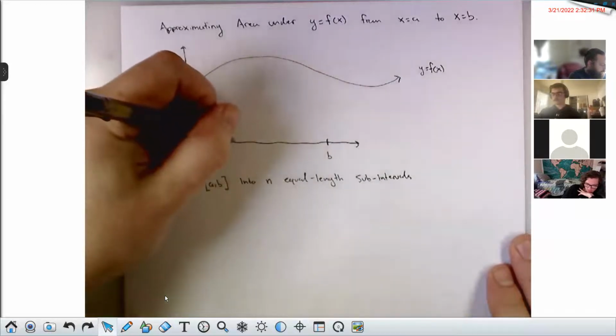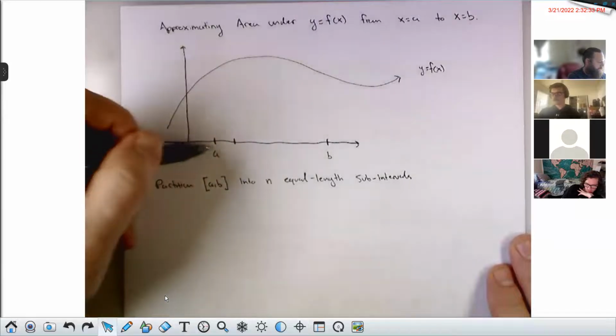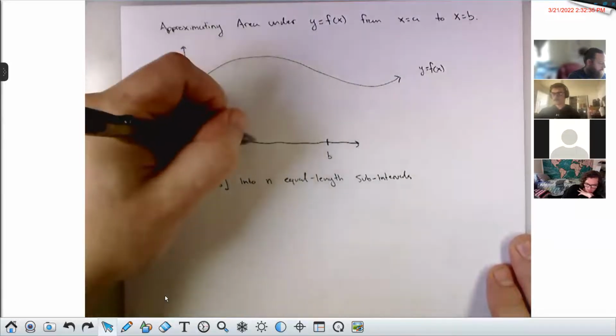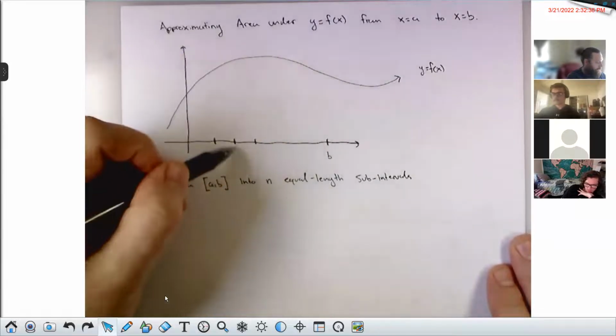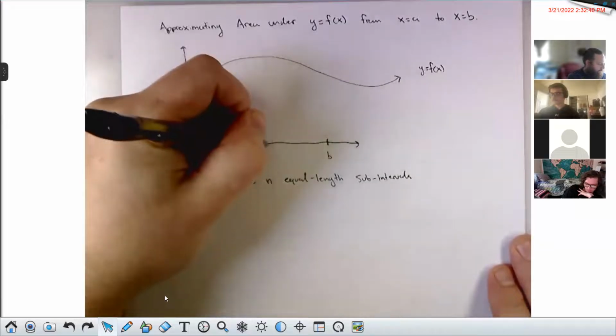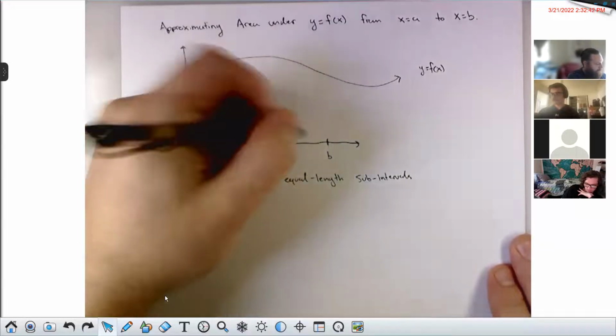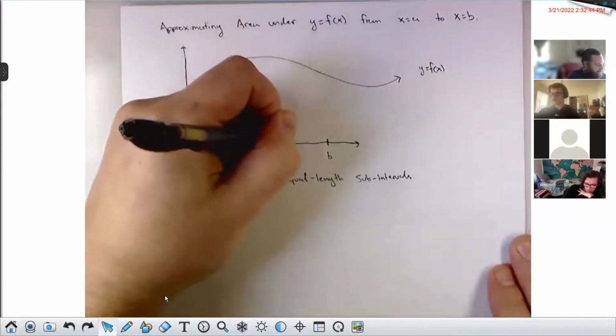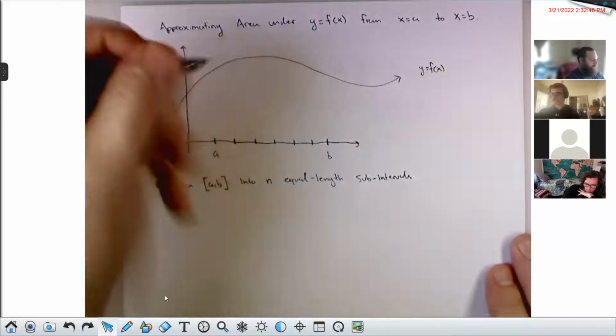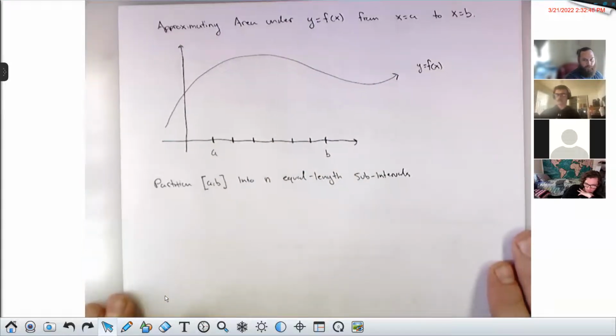So maybe here's my first subinterval from here to here, my second subinterval from here to here, my third subinterval, my fourth subinterval, and we'll say fifth subintervals, pretending those are all equal length.